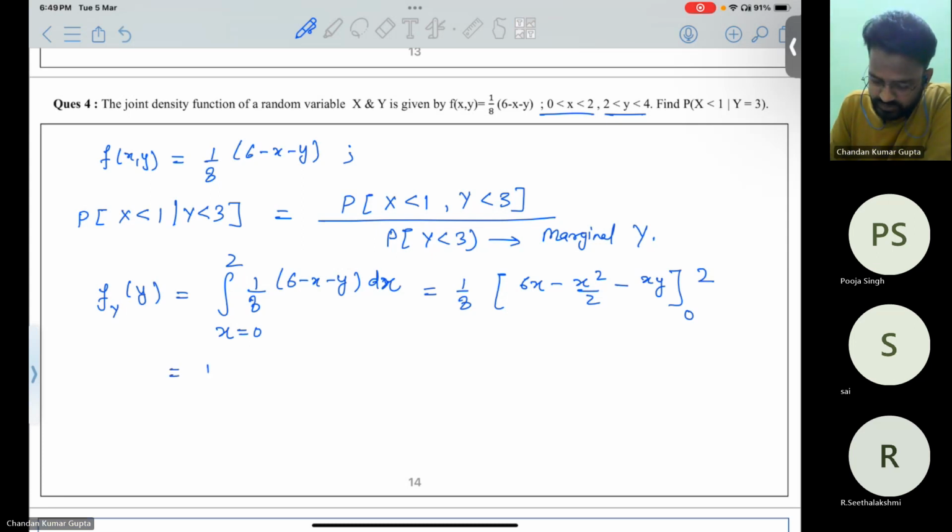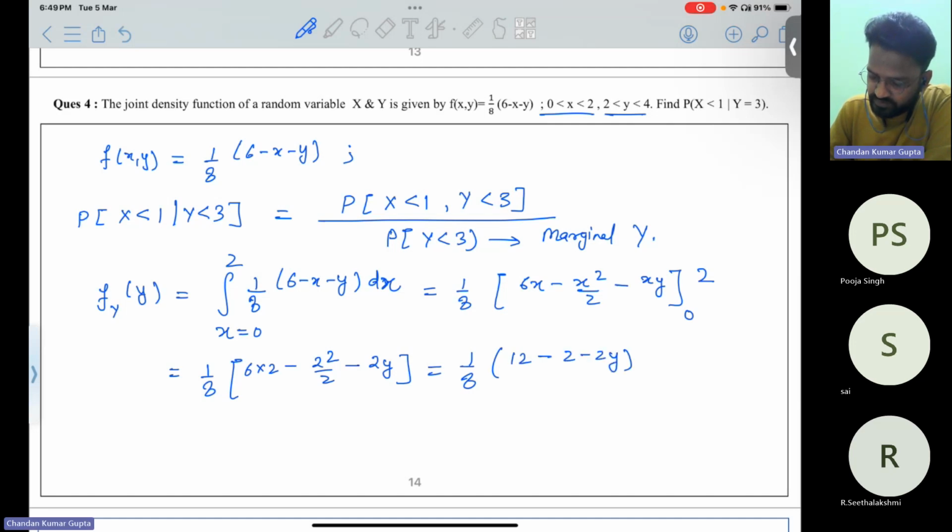Now it's 1 upon 8. We will take 6 into 2 minus 2 square upon 2 minus 2y, which is 1 by 8 (12 minus 2 minus 2y), which is equal to 1 by 8 (10 minus 2y), which is equal to 1 by 4 (5 minus y), where y belongs to 2 to 4.